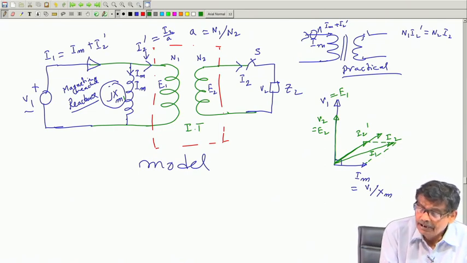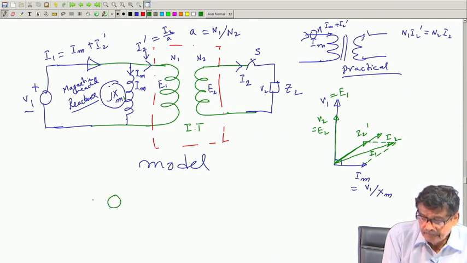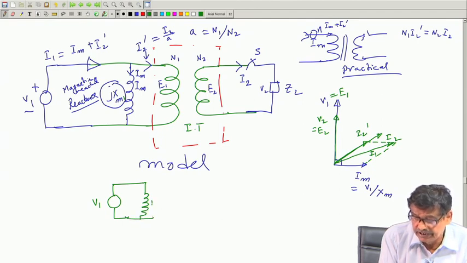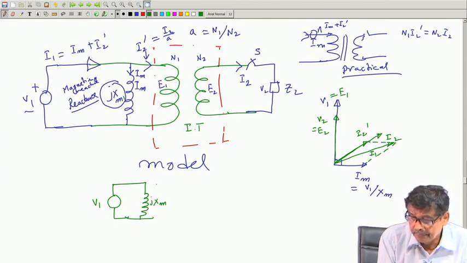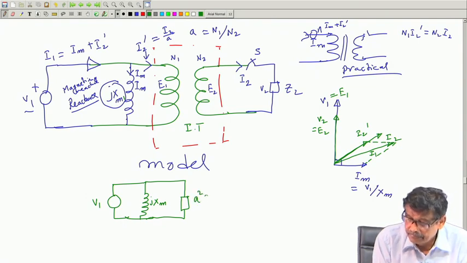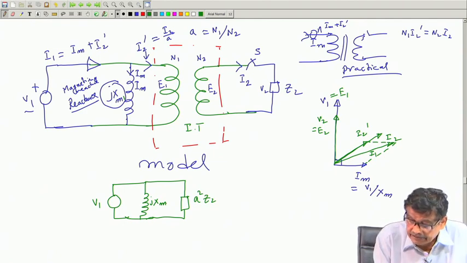Therefore, what will be the equivalent circuit looking from the primary side? It will be V 1, here is a reactance, no windings, this one JXM, and here will be the impedance A square Z 2. This will be the equivalent circuit referred to the primary side, JXM 1.